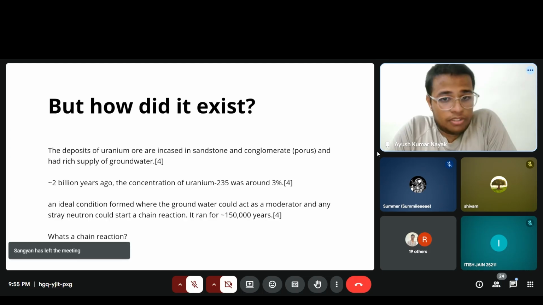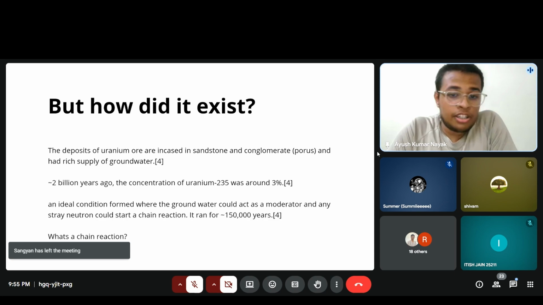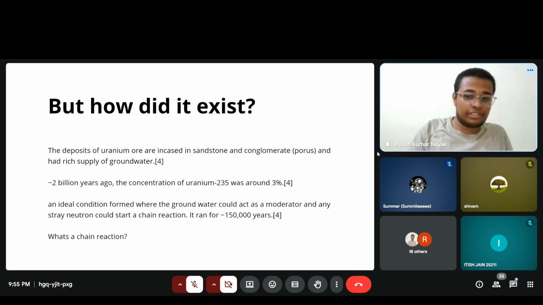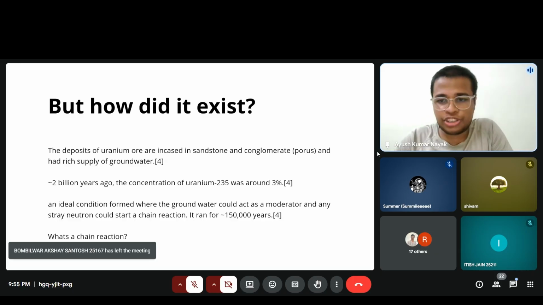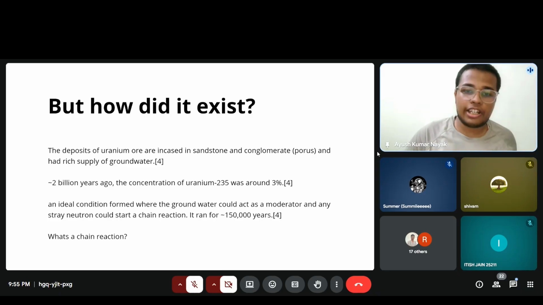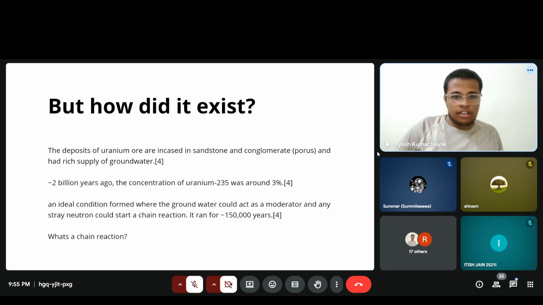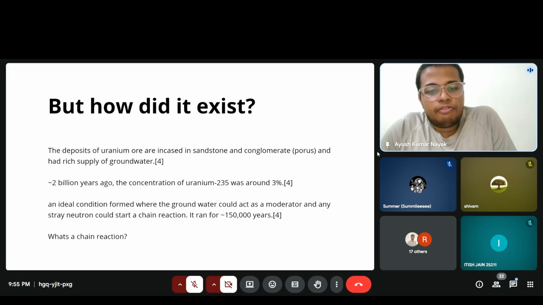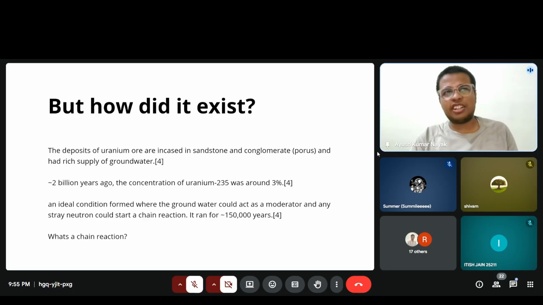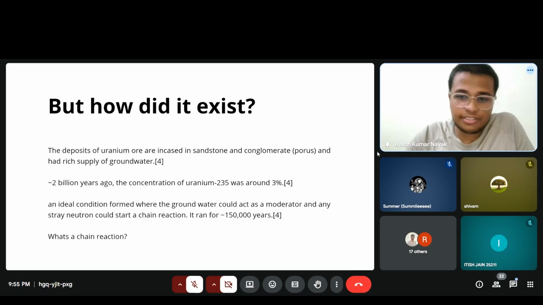And roughly 2 billion years ago, this is something important, the concentration of uranium-235 was around 3%. That means that a good friend, water, can act as a moderator. It can slow neutrons down. It will increase the probability of a nuclear chain reaction to start. And when this chain reaction started, it actually ran in cycles for roughly 150,000 years.